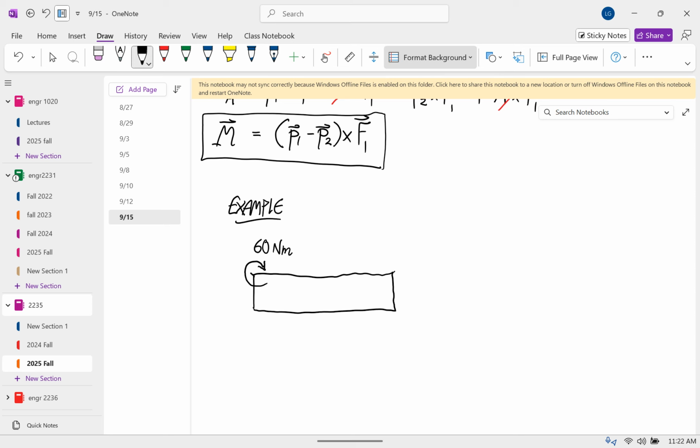And then over here, there is a force. Let me give this some angle. So let's say it makes a 50-degree angle with the horizontal and has a magnitude of 200 newtons.